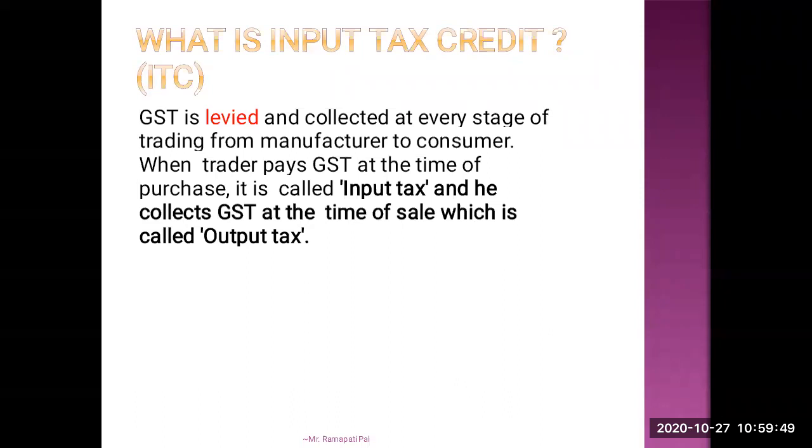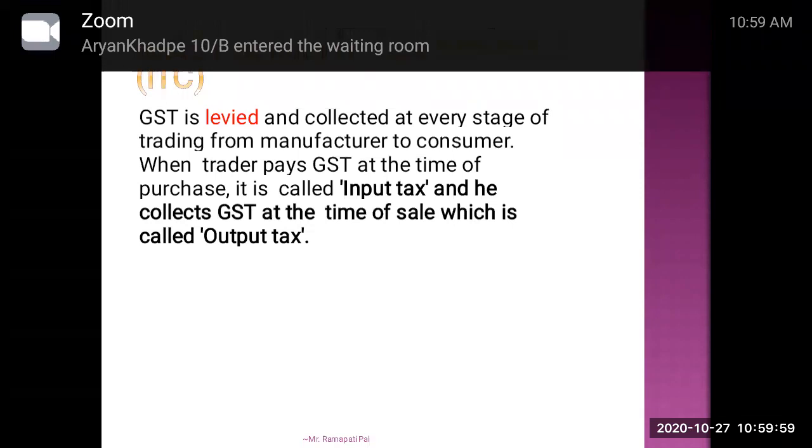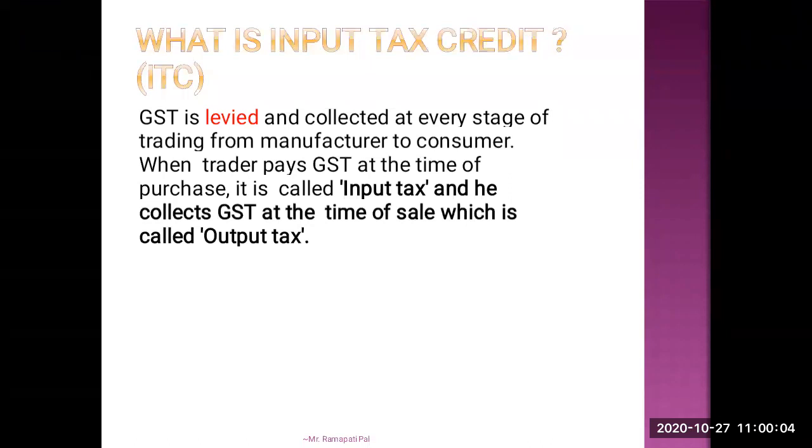Input tax for trader, output tax. Correct? First the trader pays the tax. That is called an input tax. And then he takes it from the consumer when he sells the goods. That is called an output tax.